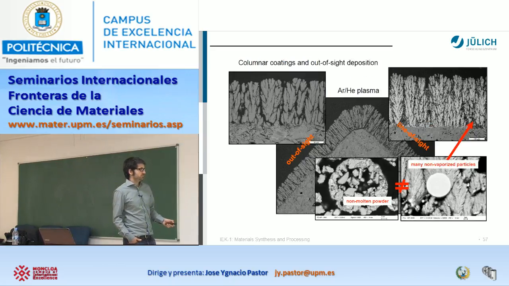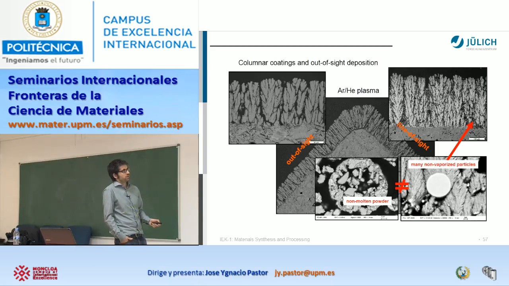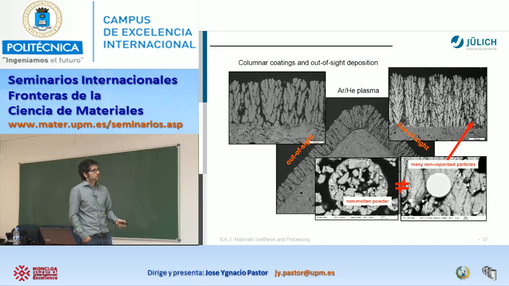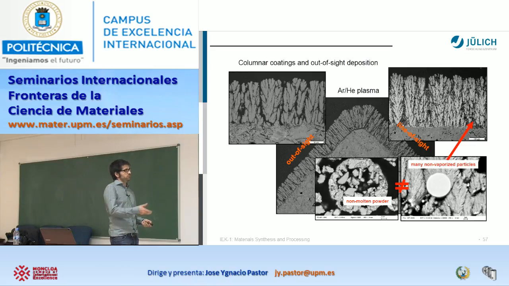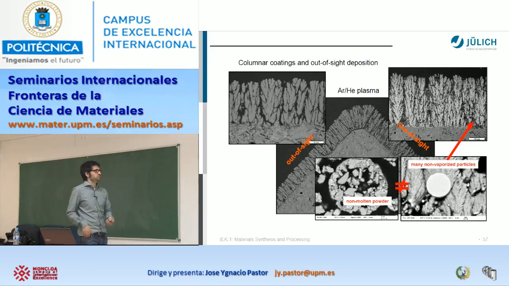And here is a couple of examples. For example, particles that are not vaporized and then it's like a particle, and other molten powder that are not really molten by the temperature. Of course, you have a mixture of molten or non-molten particles.